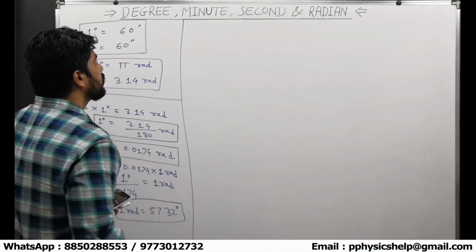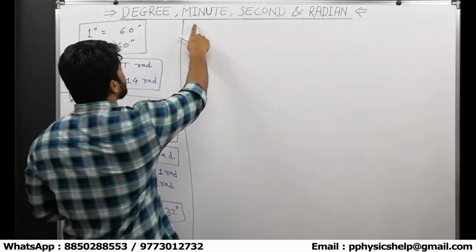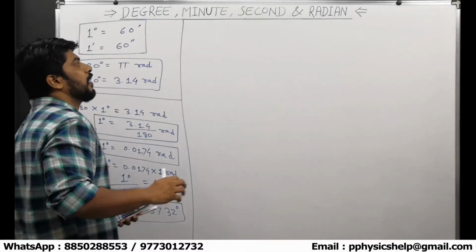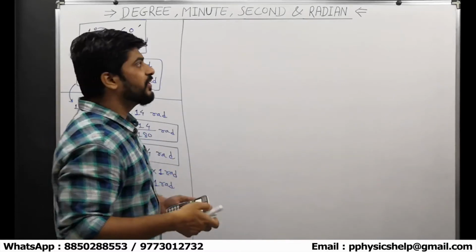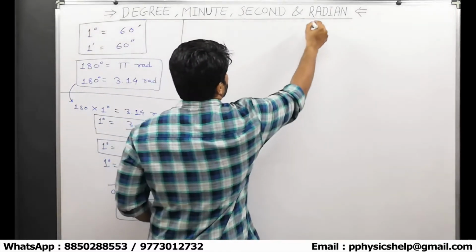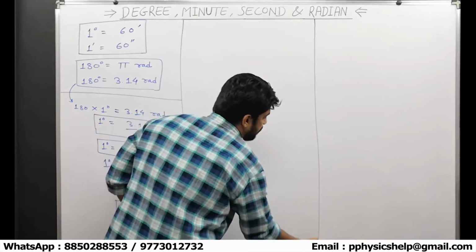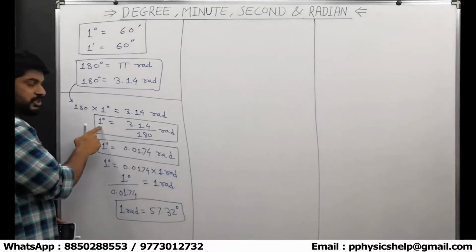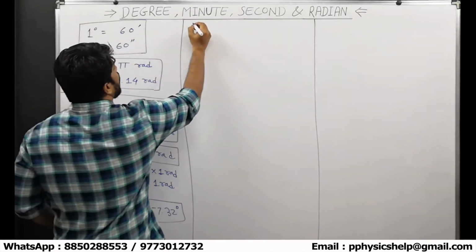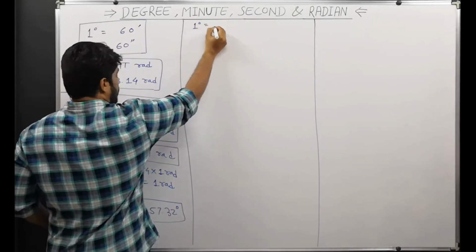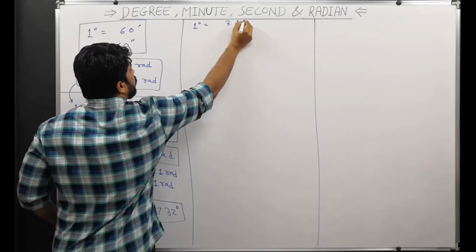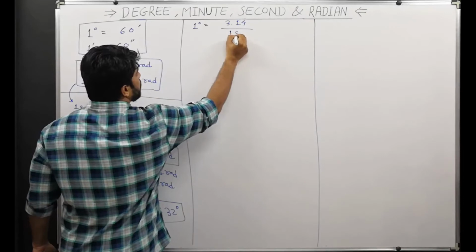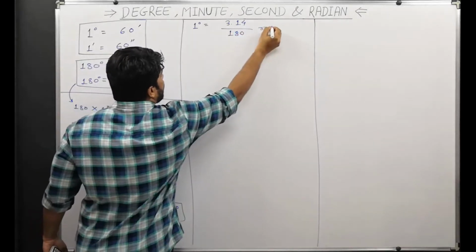Now we move to the next one, minute and radian. That is, 1 minute is equal to how many radians. We can find that out also. I will make some space here. Here I will use this equation: 1 degree is equal to 3.14 divided by 180, that is in radians.